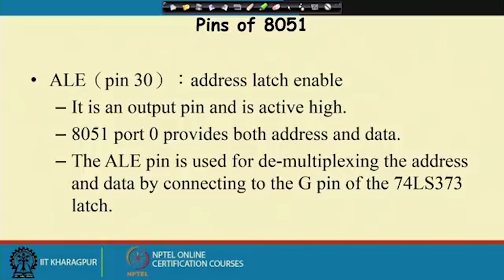Typically a latch like 74373 can be used, and this 74373 has a G pin, which is the latch pin. ALE can be connected to G. When G is high, whatever is at the input is latched onto the 74373 latch.